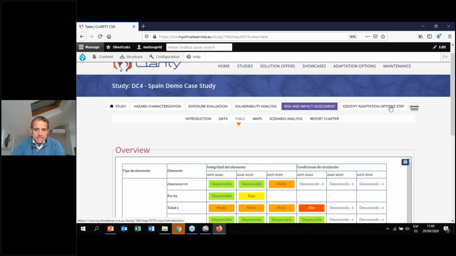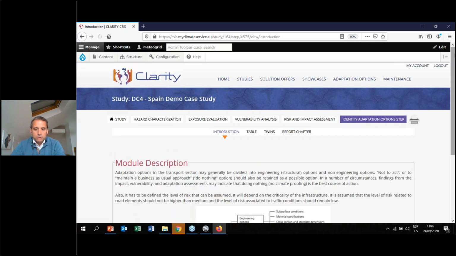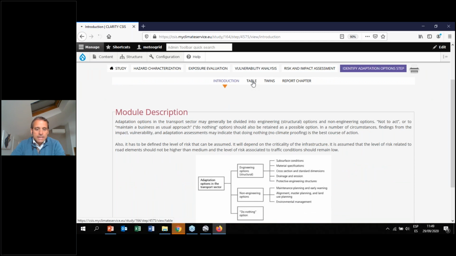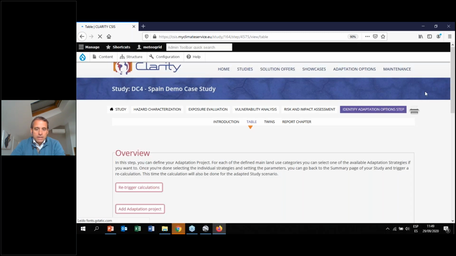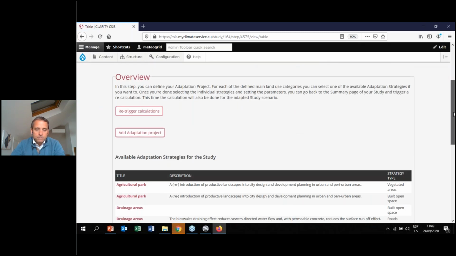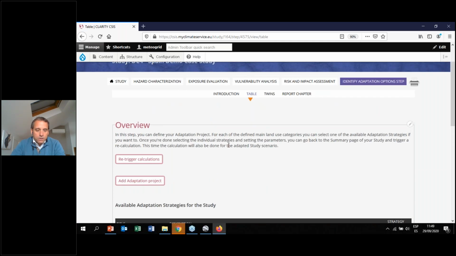So the system allows us to propose and identify different adaptation options according to the type of infrastructure.